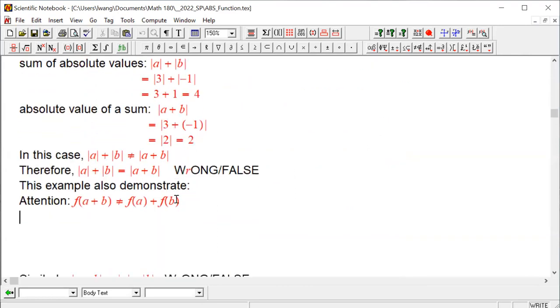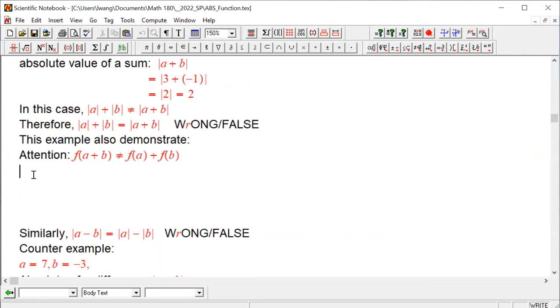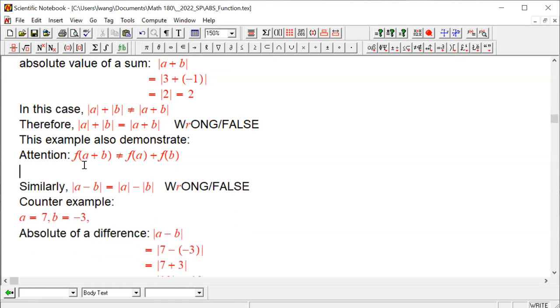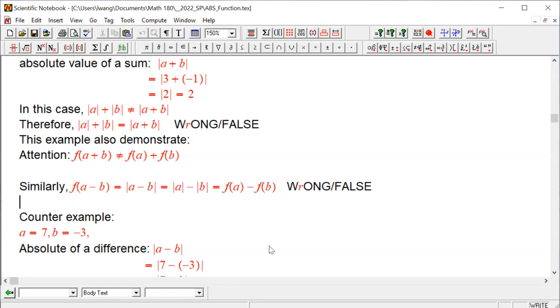Similarly, this will be f of a minus b, and this is f of a minus f of b. Are they always the same?